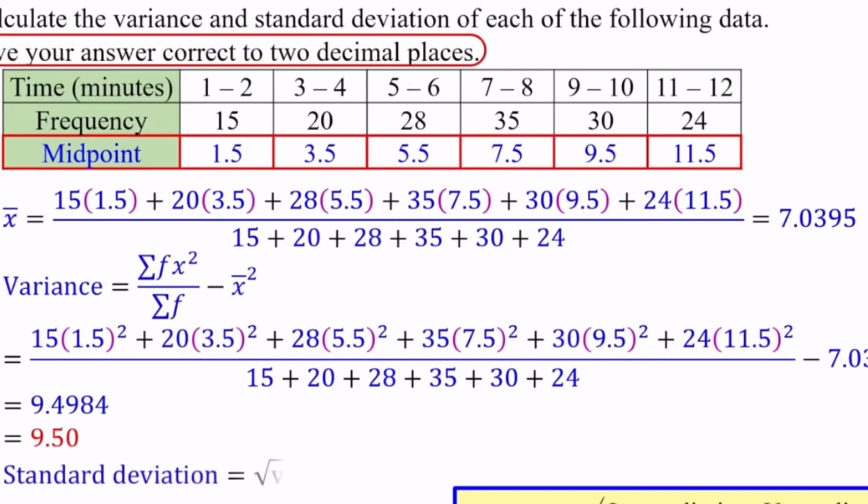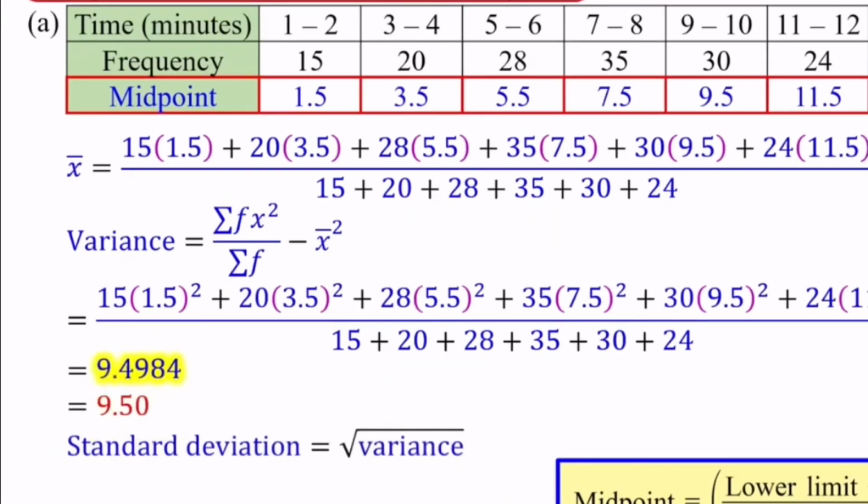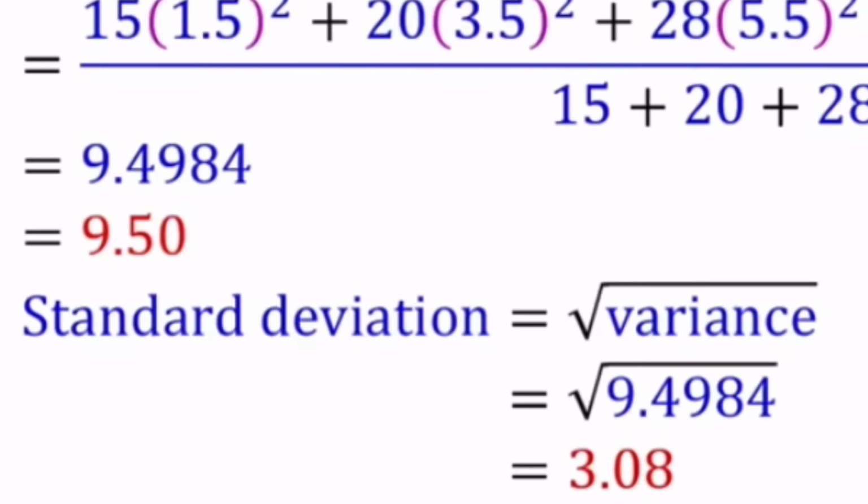Answer must be accurate to 2 decimal places, and we are going to square root 9.4934 to get the standard deviation. So the standard deviation also must be in 2 decimal places. So the answer for the standard deviation is 3.08.